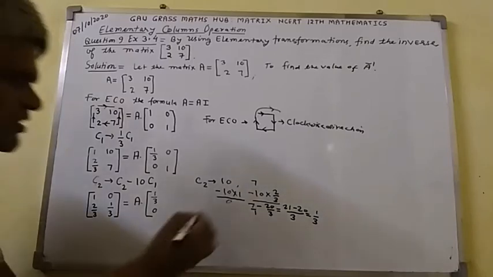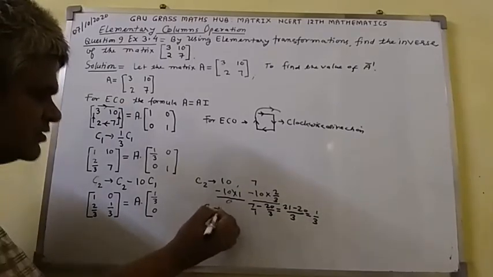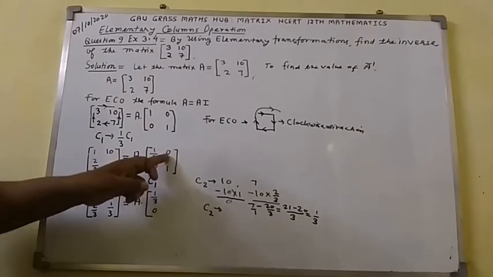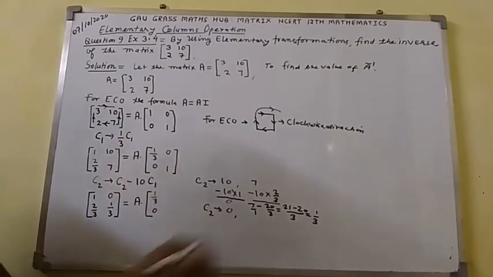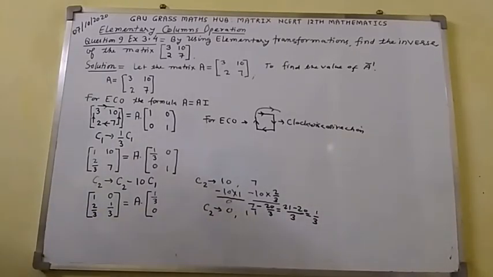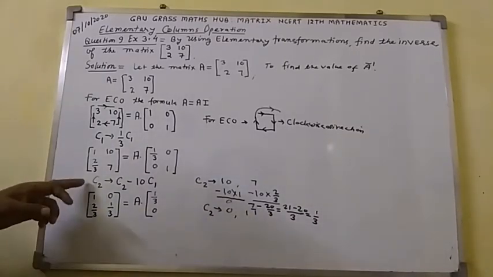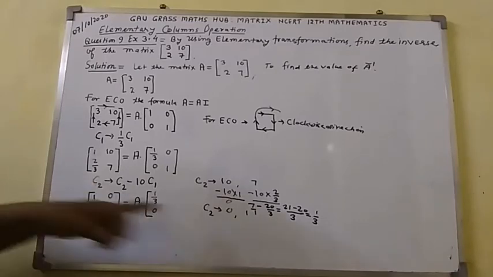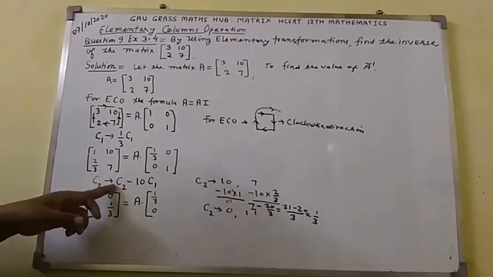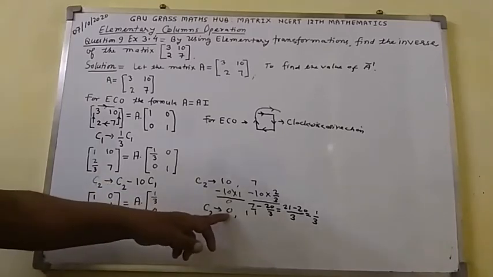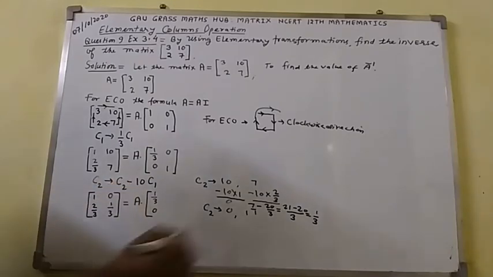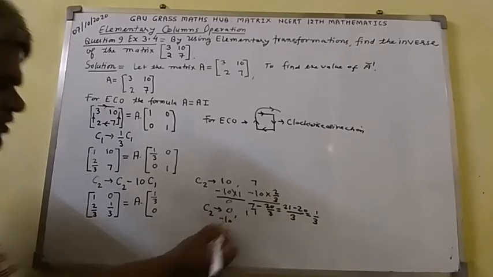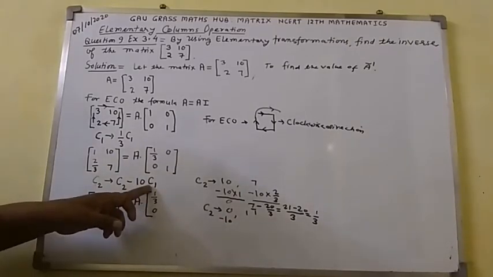So here I shall write the value of C2. First I shall take here 0, so write 0. Here you can see 1, so write 1. Now do the operation here. The value of C2 here got 0. First of all I shall take here 0. So the value of C2 will become 0 minus 10 C1.